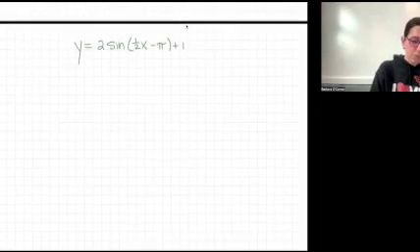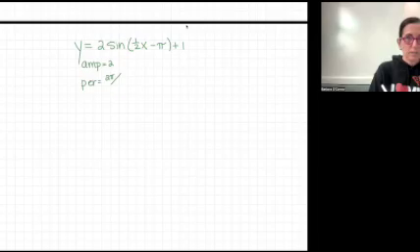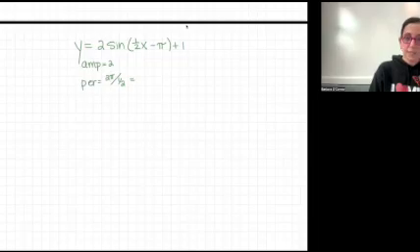Okay, in this one, my amplitude is 2, my period is 2 pi over a fraction, 2 pi over 1/2, but when we divide by a fraction, we multiply by its reciprocal. So that's 2 pi times 2, or 4 pi.